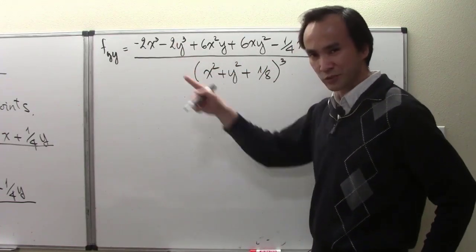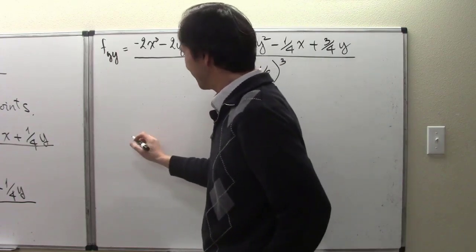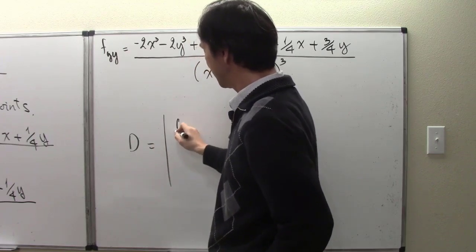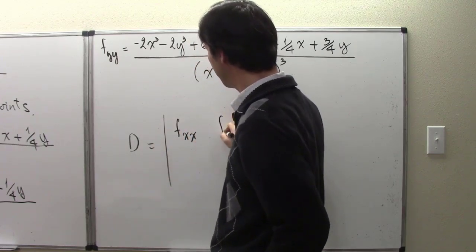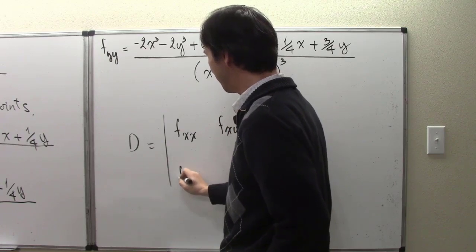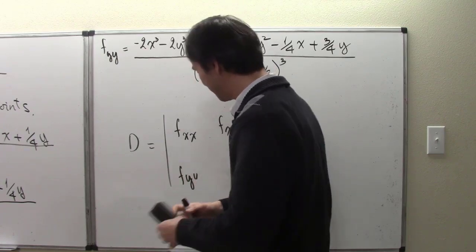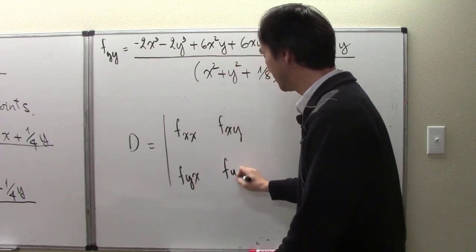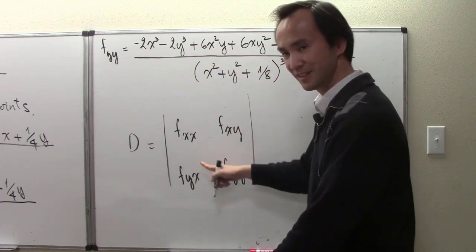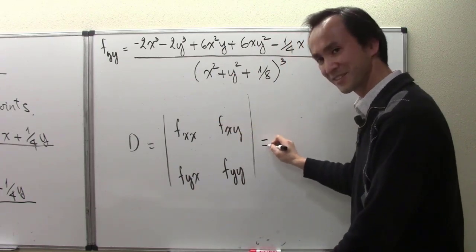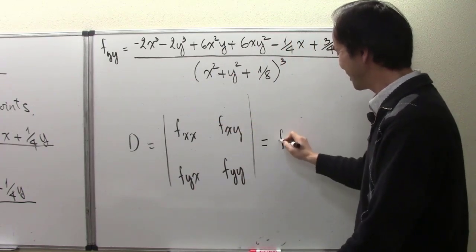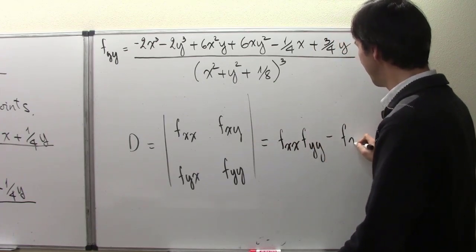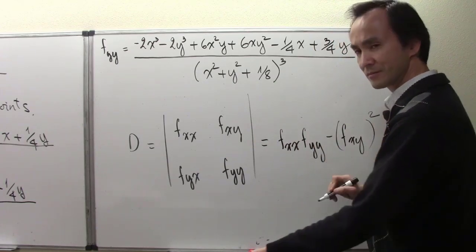So what we need is to throw all of these into our settings right here: f_xx, f_xy, f_yx, and f_yy, to do that determinant thing and get f_xx times f_yy minus f_xy, all squared.